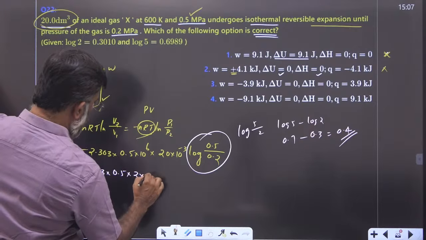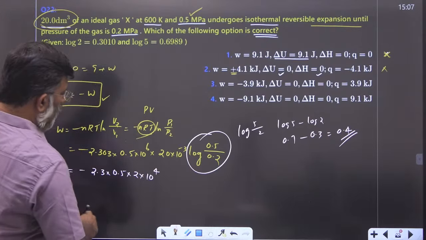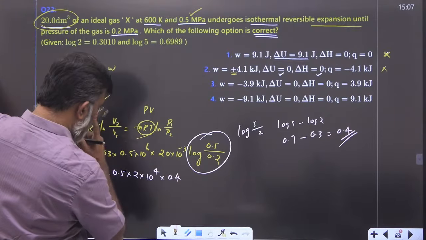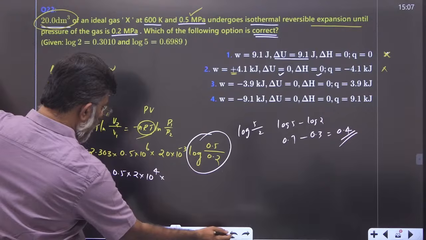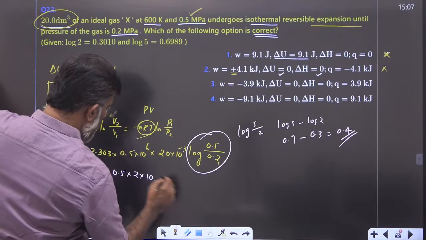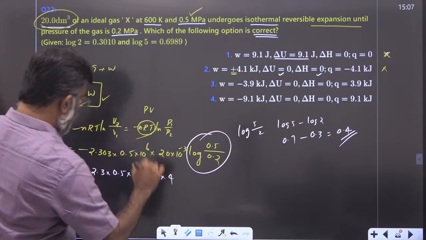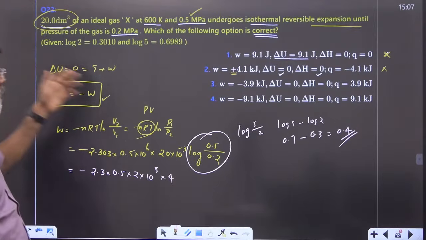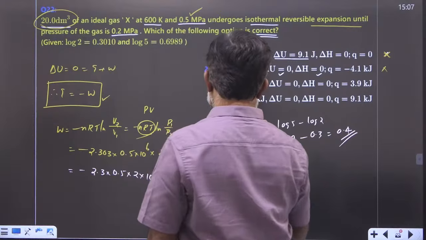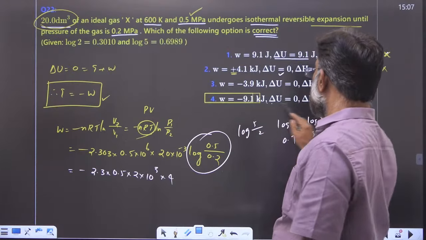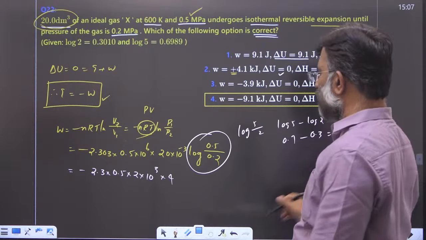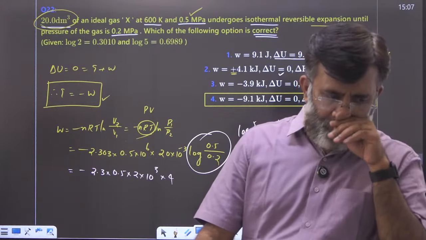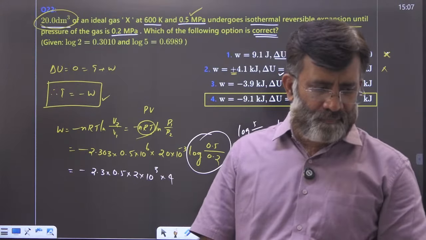It will be 10 power 4, into 0.4. If you want, we can make it 10 power 3, then it becomes 4. So we get 428, correct. We get the answer, option 4. Easy manipulation; nothing much to do.